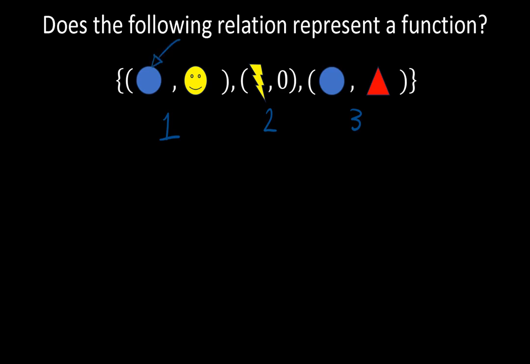The blue circle input is used twice. In the first ordered pair, the blue circle is paired with the yellow smiley face. And in the third ordered pair, the blue circle is paired with a red triangle. Well, if an input is paired with more than one output, this does not represent a function. So no, this one does not represent a function.